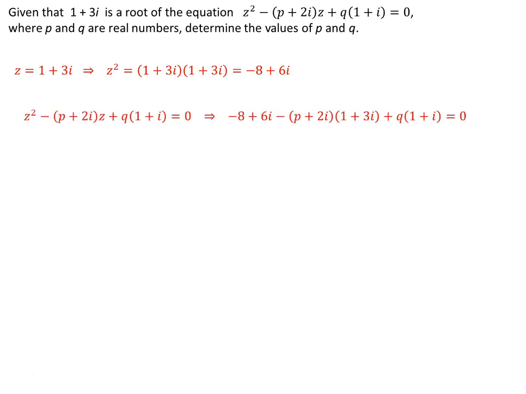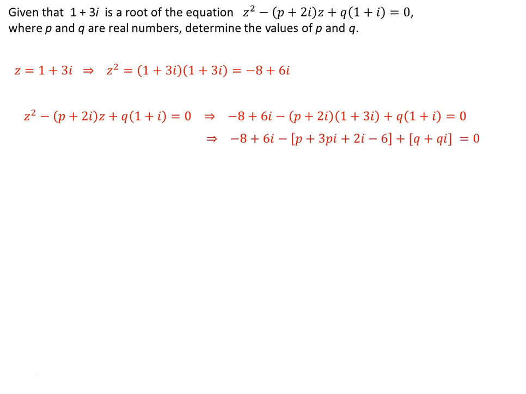We know that if z is 1 plus 3i, then z squared minus (p plus 2i)z plus q times (1 plus i) is equal to 0. So I know that minus 8 plus 6i, take away (p plus 2i) times (1 plus 3i), plus q times (1 plus i) must equal 0. Now I need to multiply some brackets out before I make very much more progress.